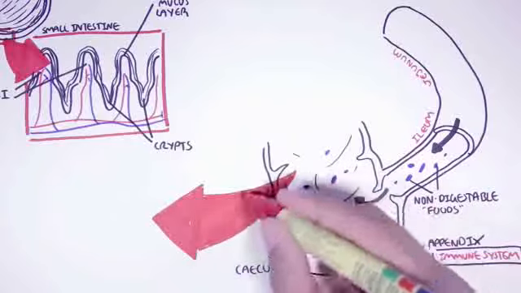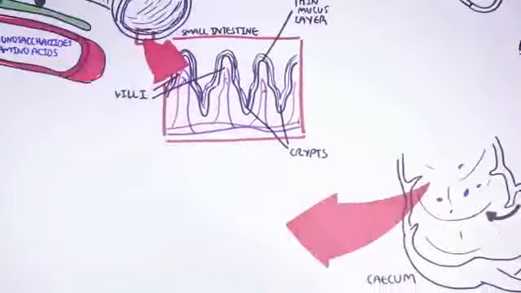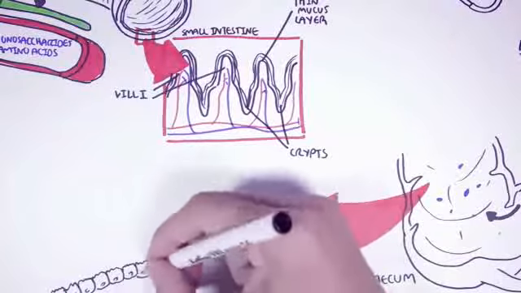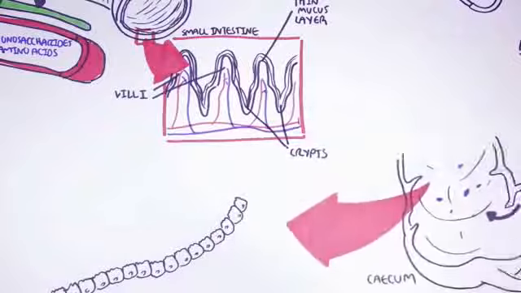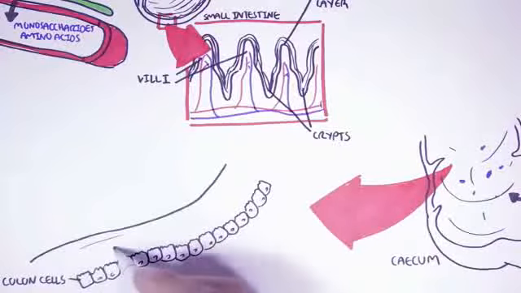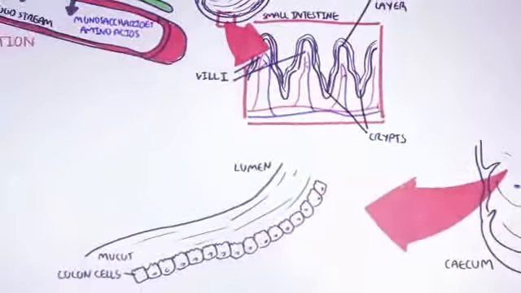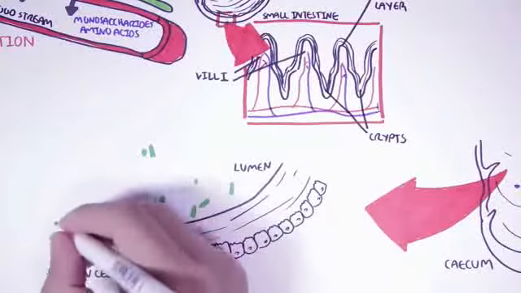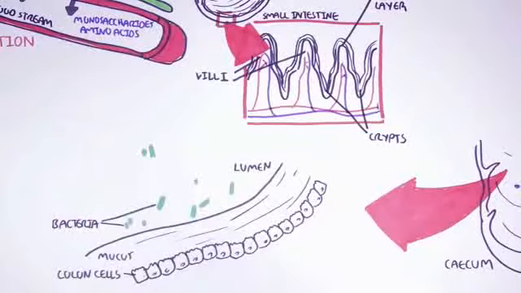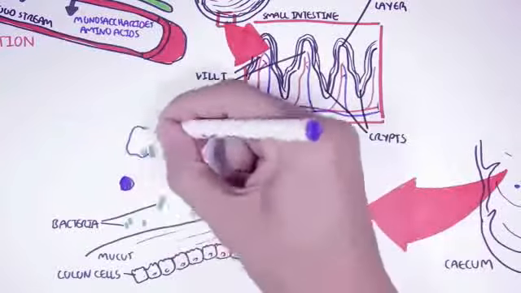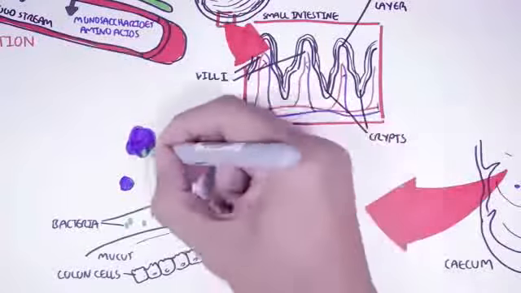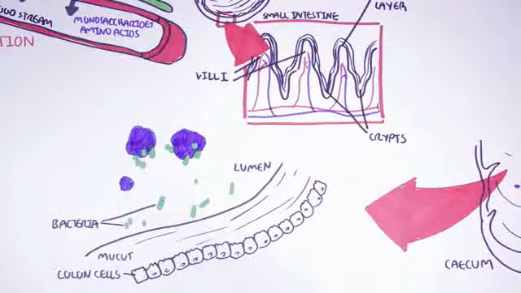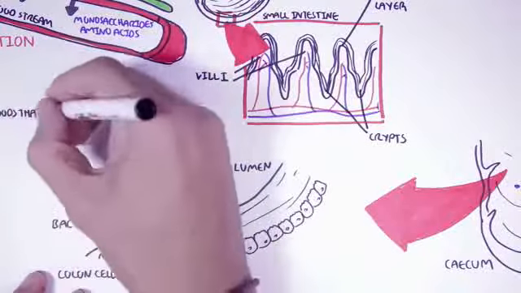So let's have a look at what happens. So here we're zooming into this area. Here we have the colon cells, and we can find mucus above the colon cells, and so here is the lumen. Residing within the lumen are many types of bacteria that can digest these foods that have escaped digestion in the small intestine.